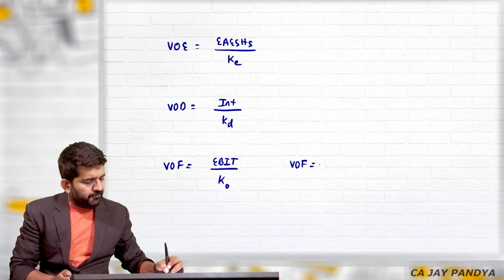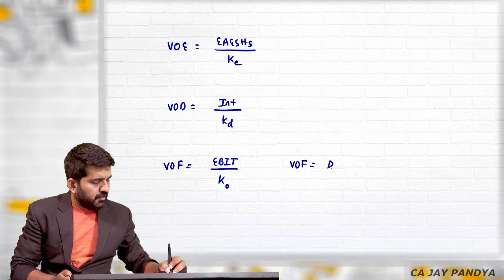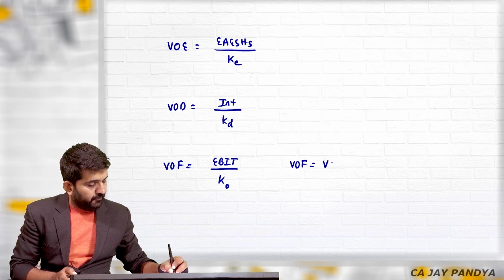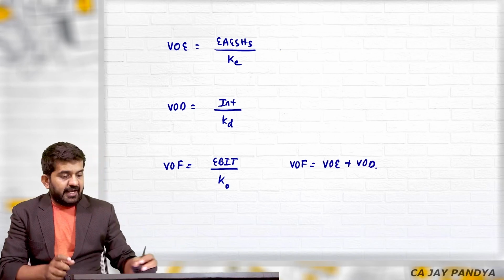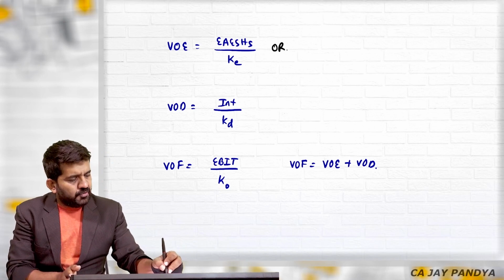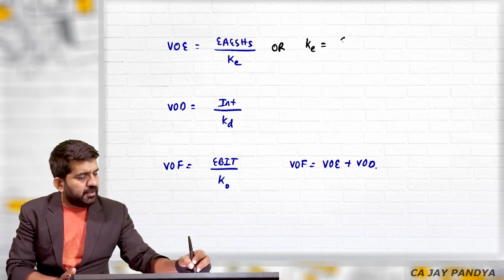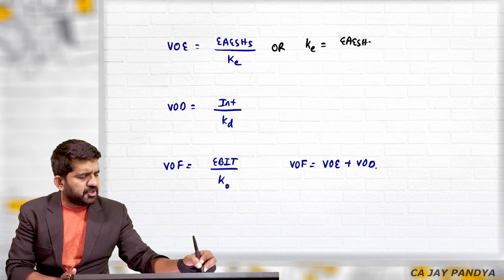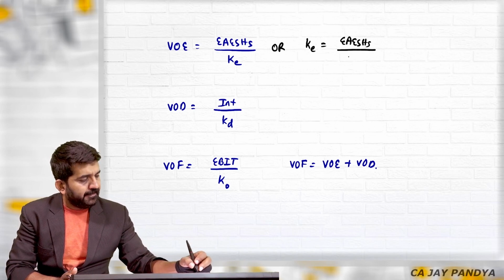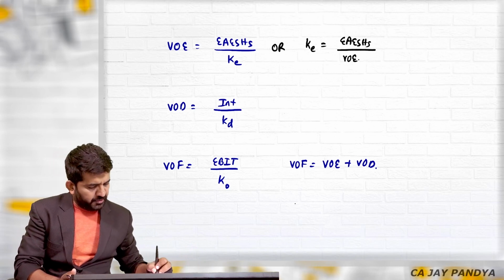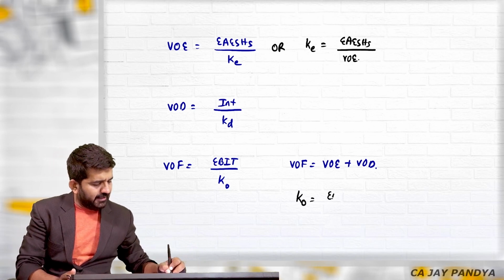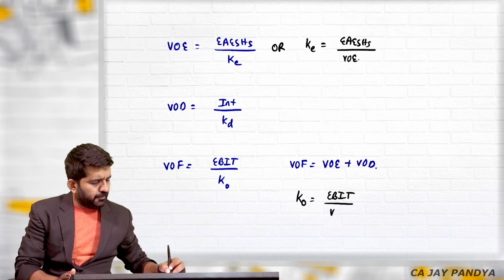Also, value of firm is nothing but value of equity plus value of debt. By the same formula, you can also find KE as earnings available to equity shareholders divided by value of equity. In the same manner, you can find KO by EBIT upon value of firm.